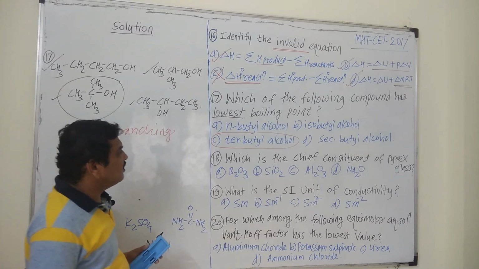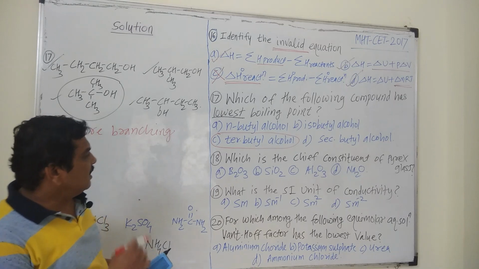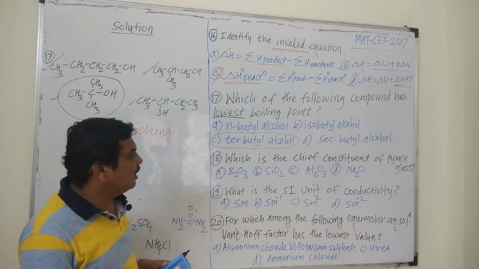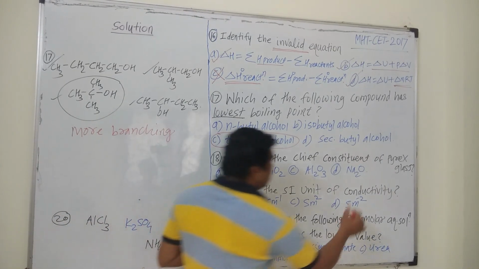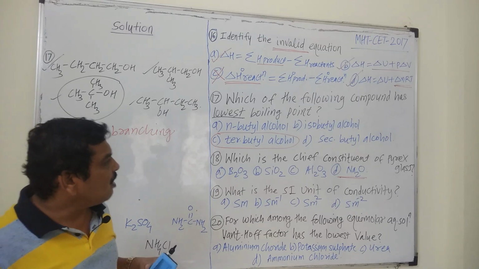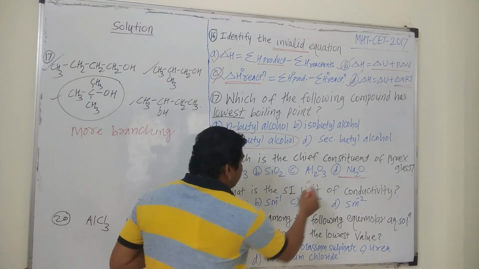Then we will move to the next question, which is the chief constituent of Pyrex glass. The options are B2O3, SiO2, Al2O3, and Na2O. One constituent is not present in Pyrex glass, but these three are present.